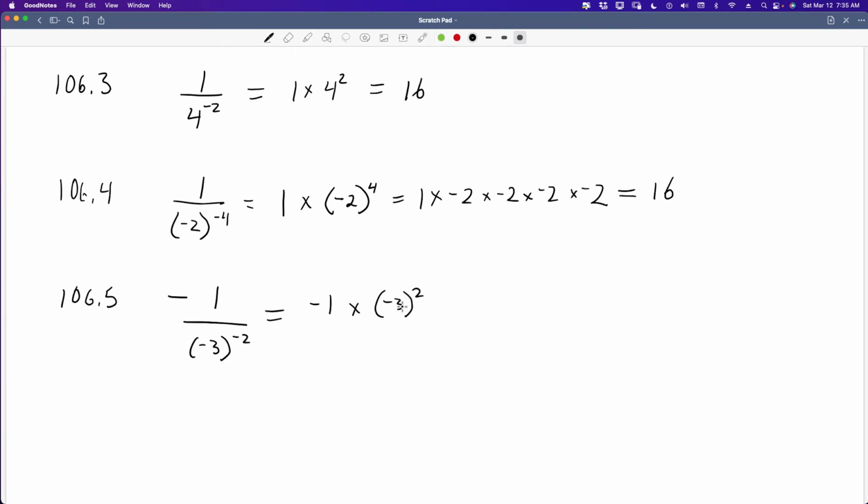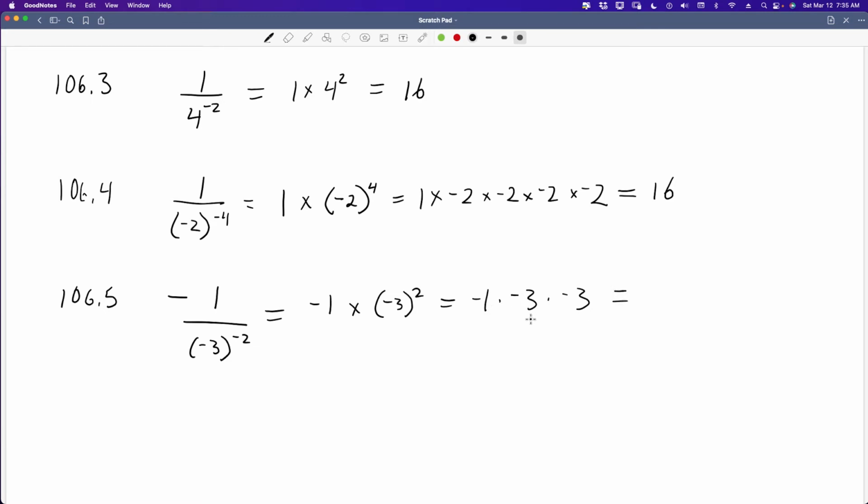It stays with the integer. Okay, now we can write this out so we can see it better. Negative 1 times negative 3 times negative 3. Now we have an odd number of negative signs, so we know the answer is going to be negative.